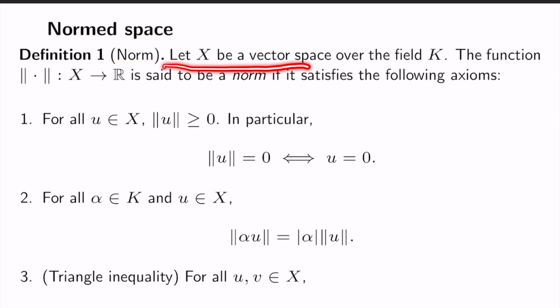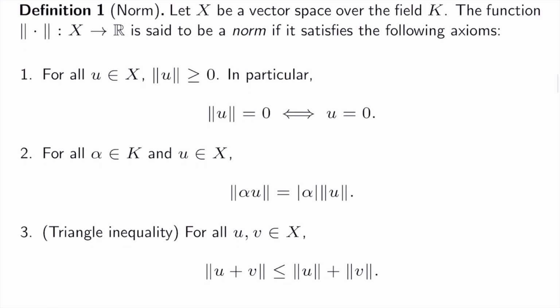Let X be a vector space over the field K. So the field K means something like the set of real numbers or the set of complex numbers where we can do usual arithmetic. And the function, written as this one, from this vector space X to real numbers is said to be a norm if it satisfies the following three axioms.